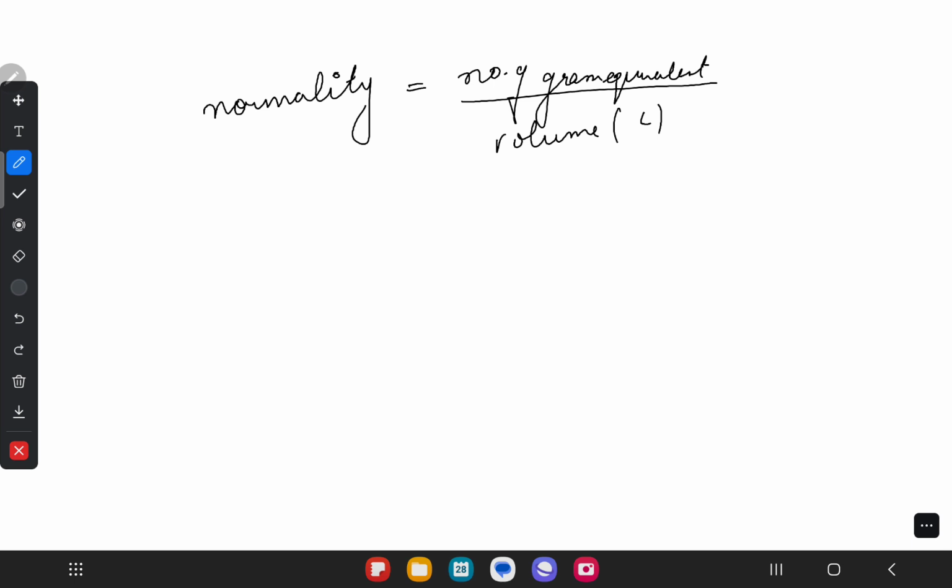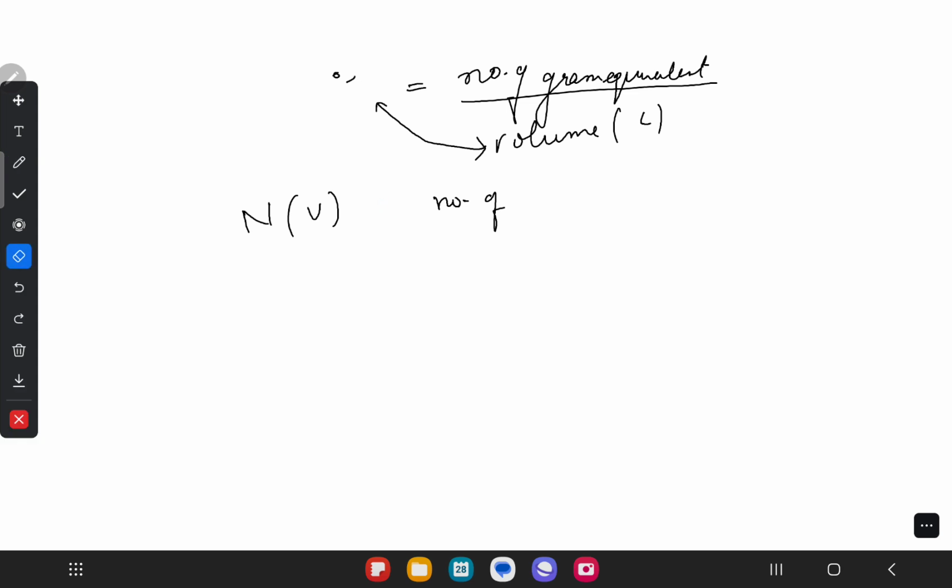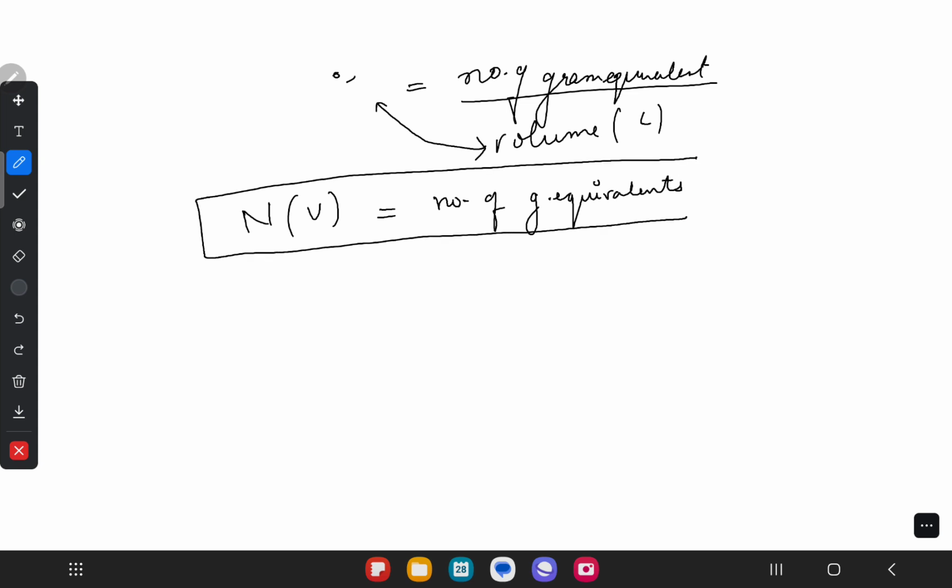What else can I do? Can I say normality into volume is going to give me the number of gram equivalents? Is that clear or not? Yes.